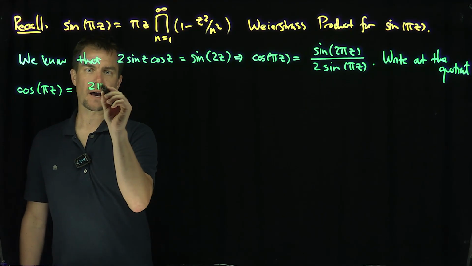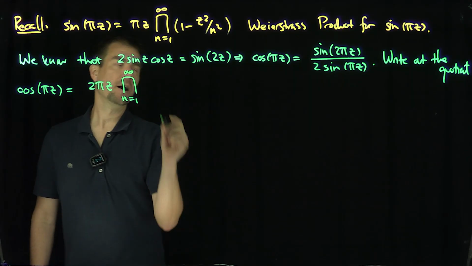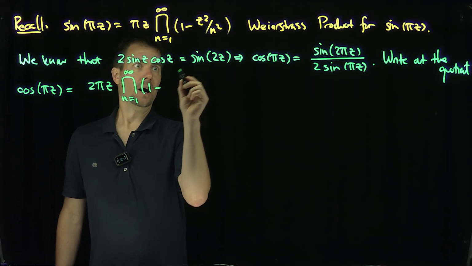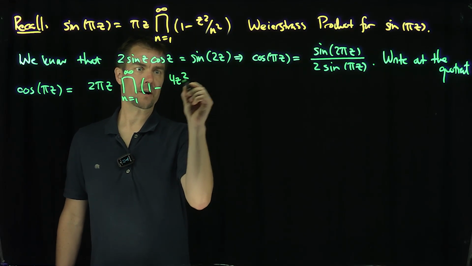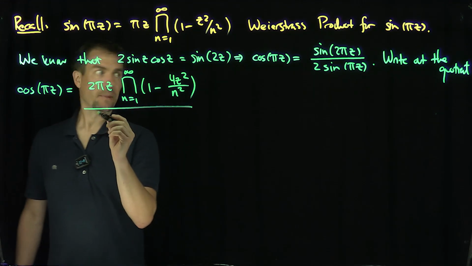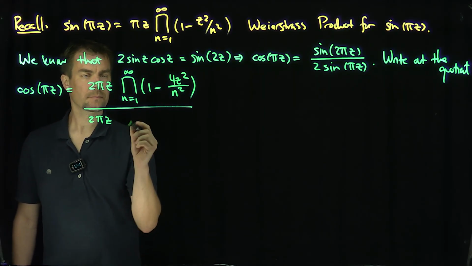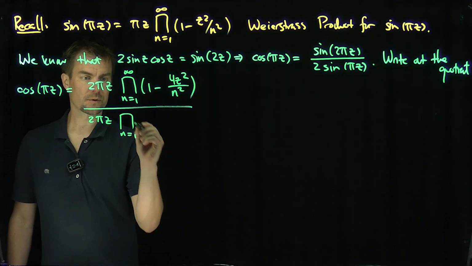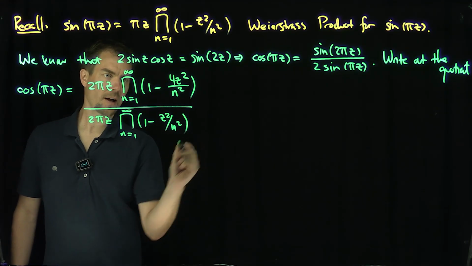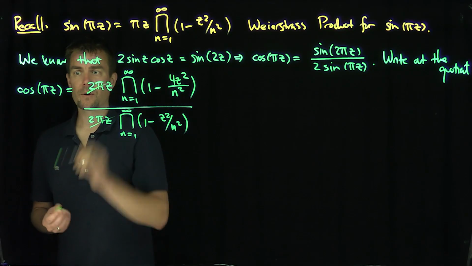It's going to be 2 pi z times the product, n goes from 1 to infinity, where I replace z with 2z, so this is going to be 1 minus 4z squared over n squared, divided by 2 times 2 pi z times the product, n goes from 1 to infinity, of 1 minus z squared over n squared. Yikes, that's a mess. The good thing is the 2 pi z's cancel out.